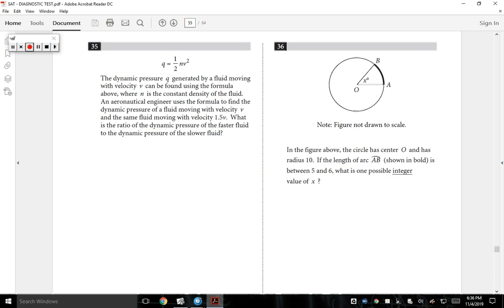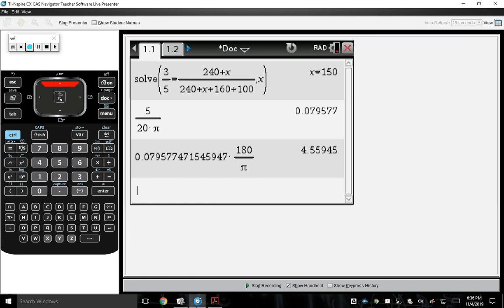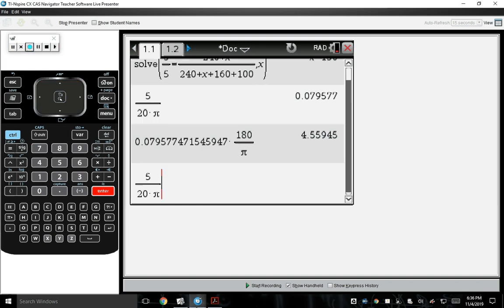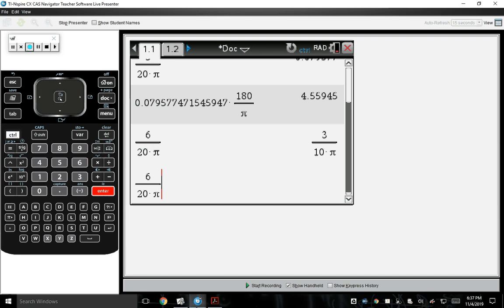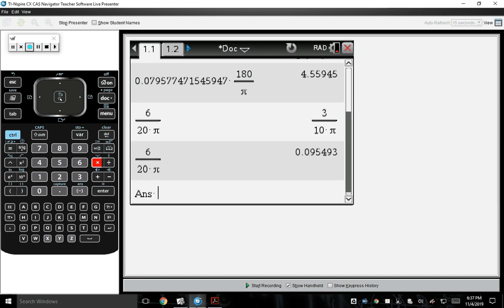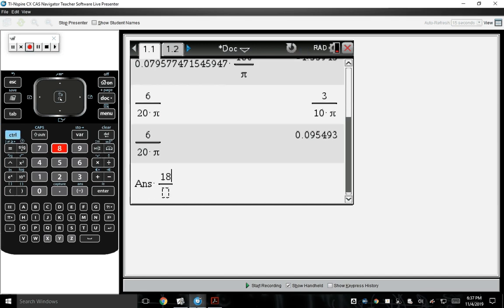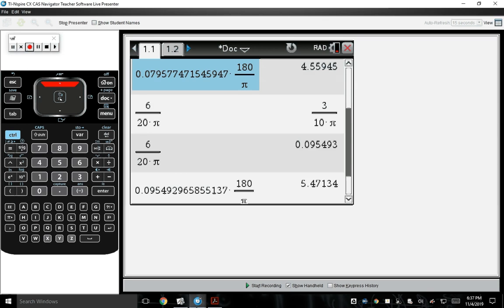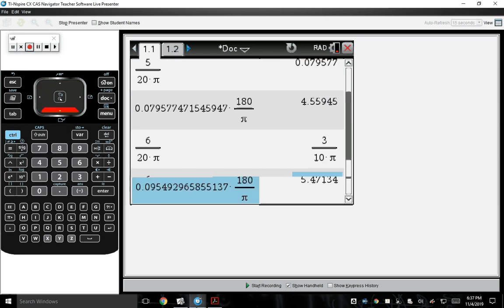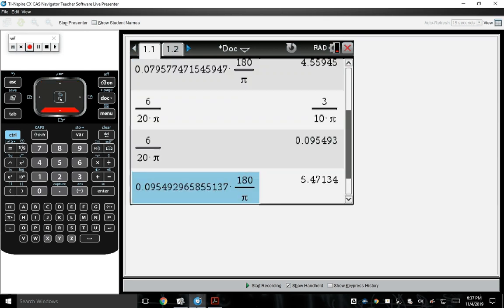So if I go over here, 6 is a part of 20 pi. Whoops, let me press control enter to get a decimal. This I will multiply by 180 over pi, and I get this.